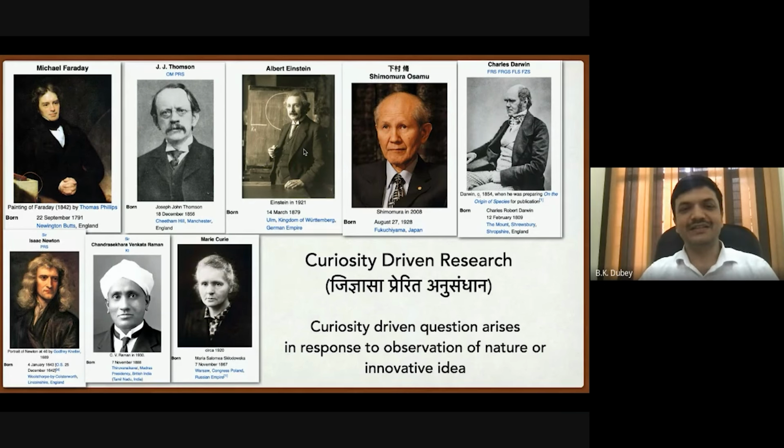Yes, Albert Einstein has given the theory of relativity, and because of this we use the Global Positioning System, GPS, because of Albert Einstein. We even remember the Japanese scientist Shimomura Osamu, who informed us regarding the fluorescent light, what he saw in physics.